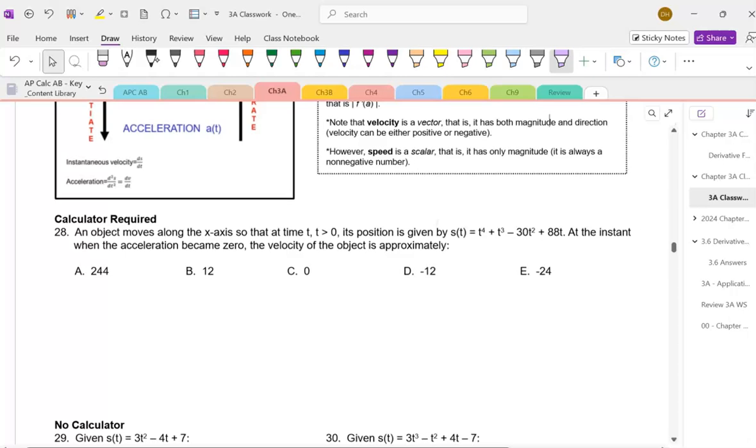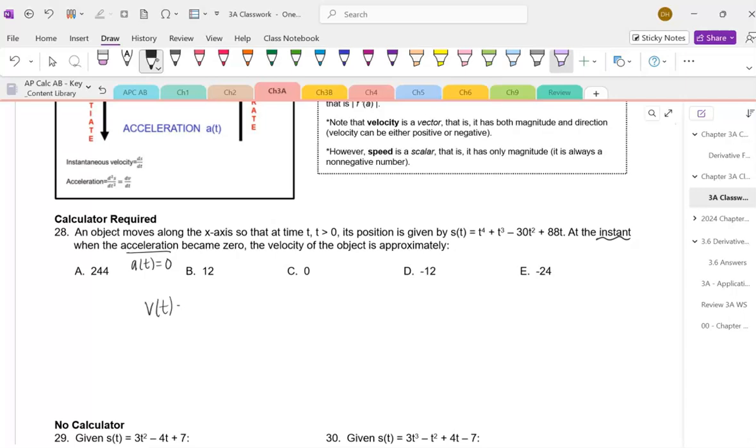Now, in number 28, we've got an object moving along a straight line. We're starting with position. I want to know at the instant when the acceleration becomes 0. So basically that's saying when a of t equals 0, the velocity of the object is approximately what number? So in order to start with position, to get to acceleration, to set it equal to 0, to find the velocity, we need to take a derivative.